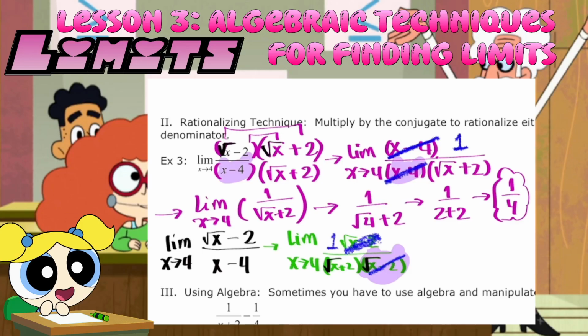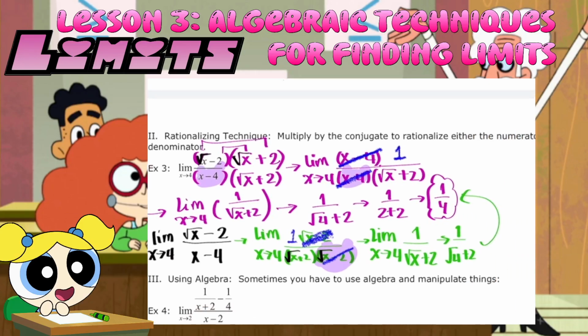What are those results? The limit as x approaches 4 of 1 over root x plus 2. Then direct sub, 1 over root 4 plus 2, same answer.